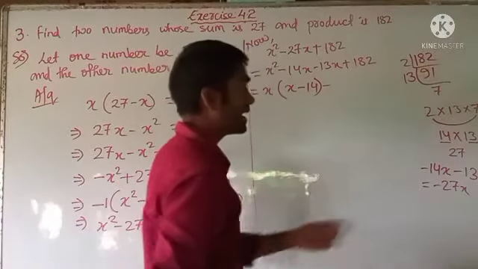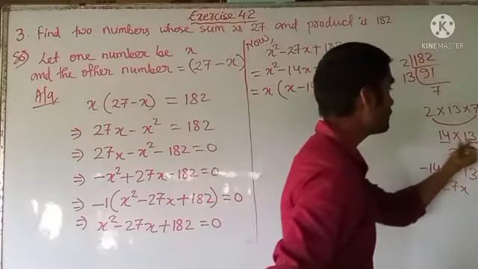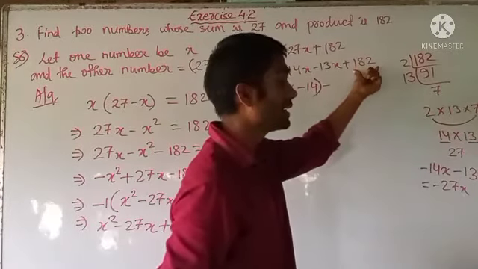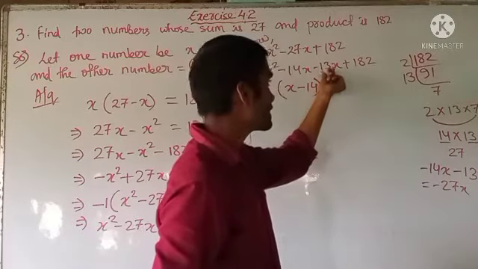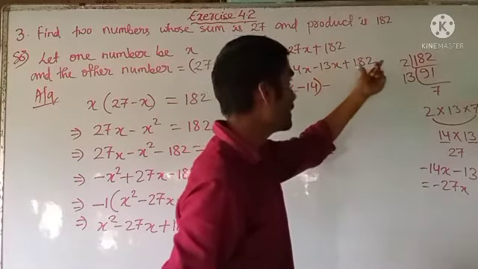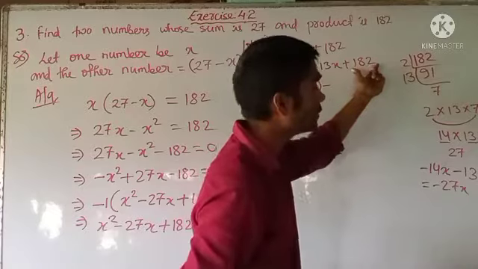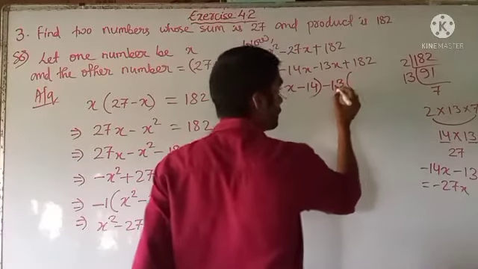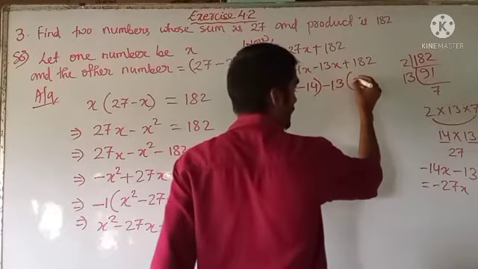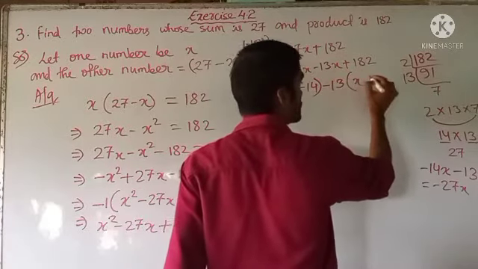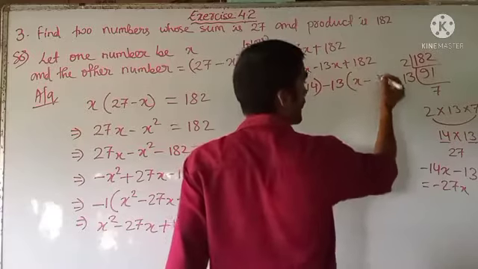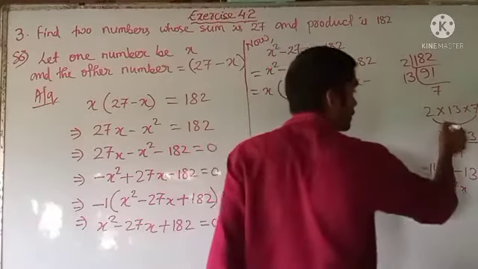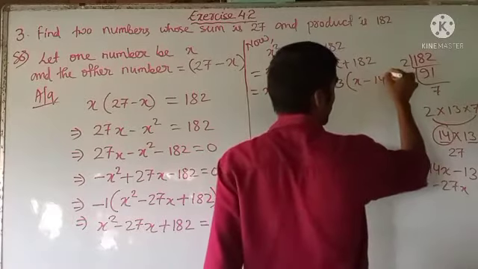Now among these two, what is common? Here as we have taken 13 and 14, when we multiply, we get 182. So 13 is a factor here also, so we can take 13 as common. If we are taking 13 common from here, then x will be left, minus into minus will give plus, and from 182 when we take 13 as common, we will get 14. So 14.